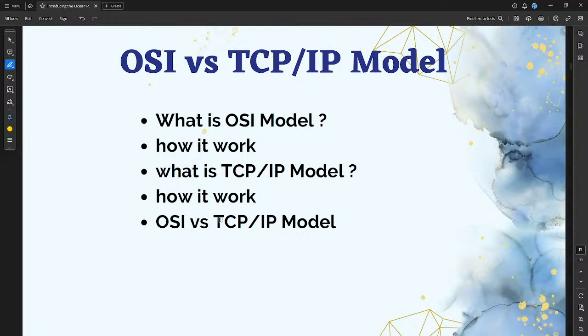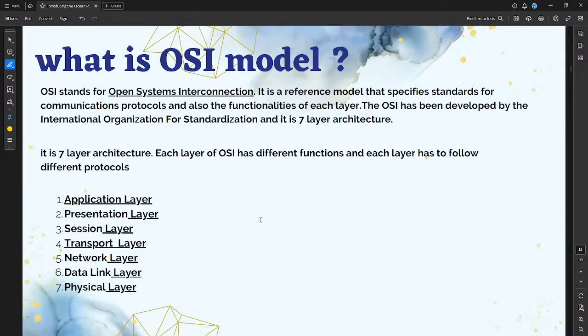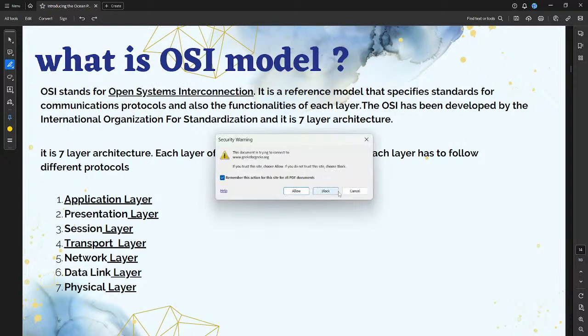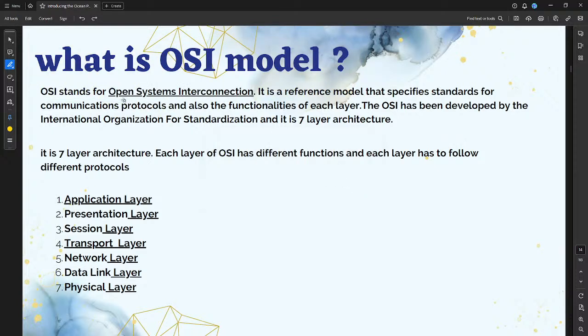And then we'll look at the OSI versus the TCP/IP model. Now, the OSI stands for the Open Systems Interconnection, and of course, it's a reference model that specifies the standards for communications protocols and also the functionalities of each layer.